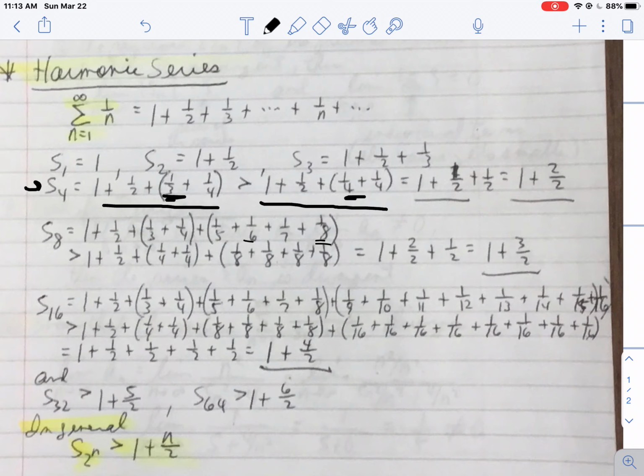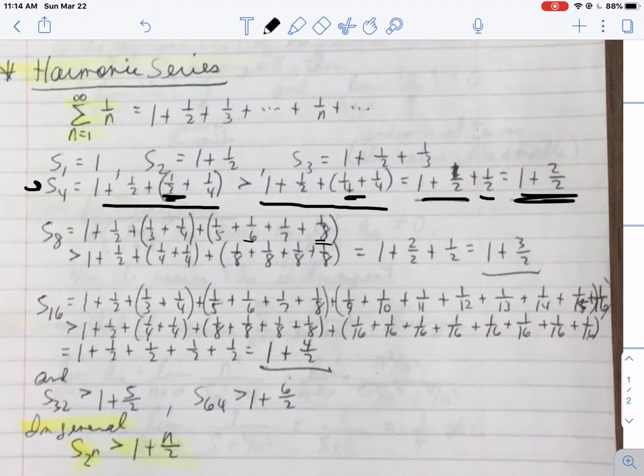As with a lot of this, there's a reason we're doing this. There's a means to the end here. So watch the pattern that's going to develop over these partial sums. 1 plus a half plus a fourth plus a fourth is then 1 plus a half, or 1 plus 2 halves. I'm then looking at the eighth partial sum.